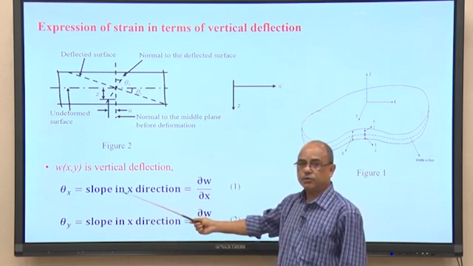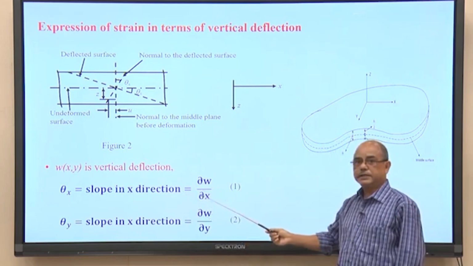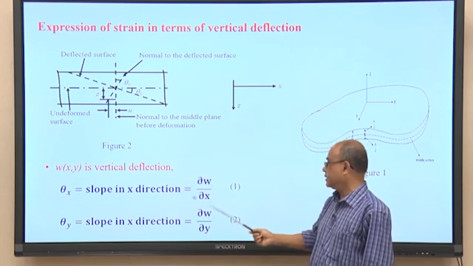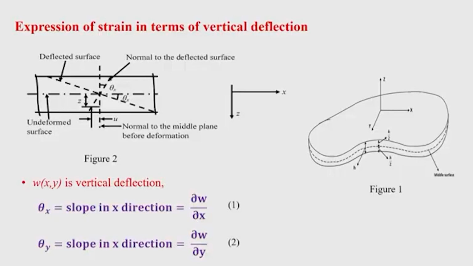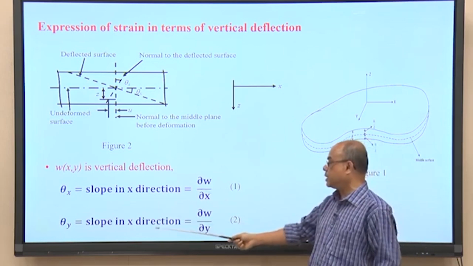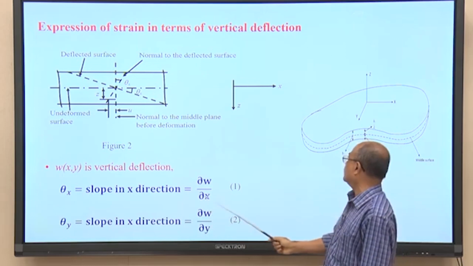Now, theta x, the slope in x direction, is given by del w by del x, that is the partial derivative of the deflection function with respect to x. You can see that the deflection function is dependent on two variables x and y, so we have to write in terms of partial derivatives. Similarly, theta y, the slope in y direction, will be del w by del y.